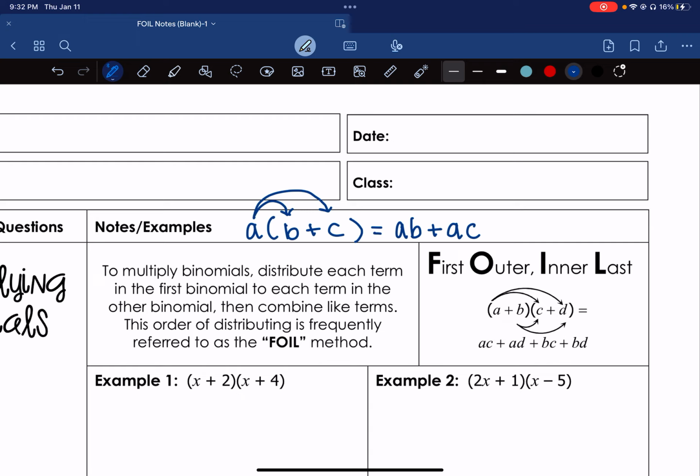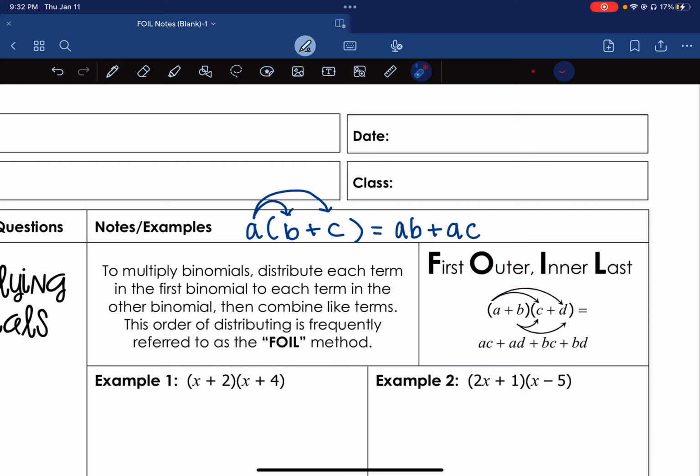So to multiply binomials, we distribute each term in the first binomial to each term in the other binomial. Then we're going to combine like terms. We call this order of distributing FOIL, or the FOIL method, which is first, outer, inner, last.